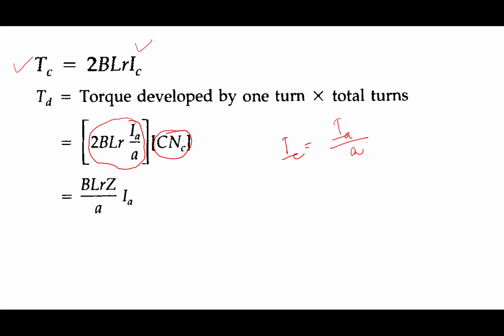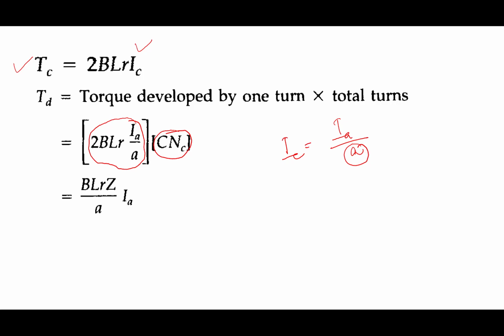Those who have performed specifically the DC generator experiment might know this is armature current, meaning what we measure at the external circuit, when the load is connected, okay. Now Ic is your current inside the machine which is flowing in the coil and which is equal to Ia by A, right? So A is your number of parallel paths, okay.